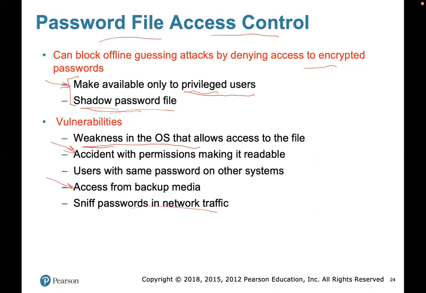Or sniffing the password over the network if the password is being sent in plain text. All of these mean that there is no single solid solution that we can use and just say, okay, we are sure that the password file is now protected 100%.